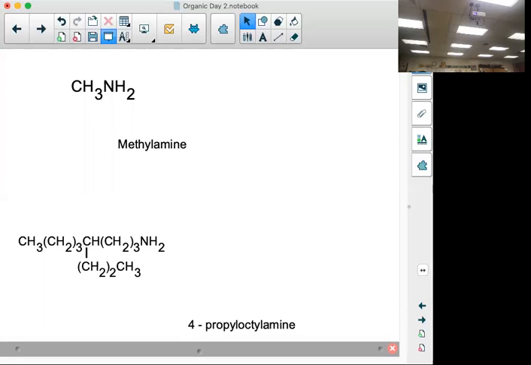So this is 4-propyl octylamine. You're not going to need it, so you have it as a reference. All good. All right, so that is four.